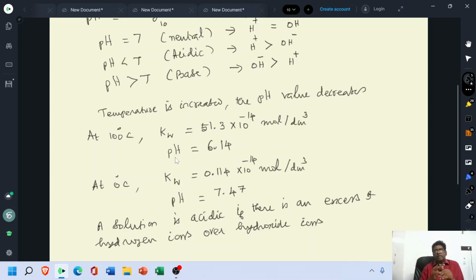Suppose the temperature is 0 degrees Celsius, a solution is made up of water. If the pH value of the solution is 7, now we can call that solution as a acidic one, because you should expect the pH value of that solution as 7.47 since it is neutral. So in this way we should understand the pH value.